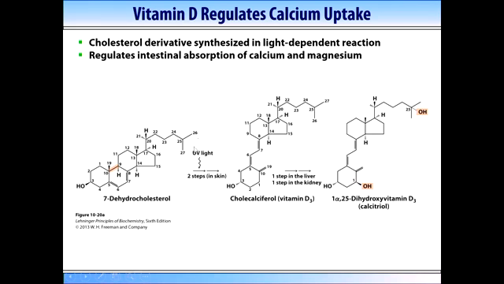What's interesting here is that this vitamin can be synthesized in the human skin in the sun. So if you're exposed to UV light, moderately, of course, good amounts of this vitamin D3 would be synthesized internally.